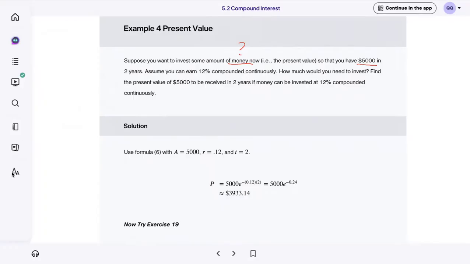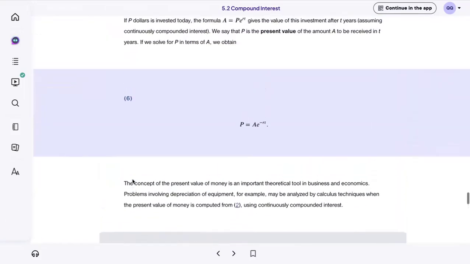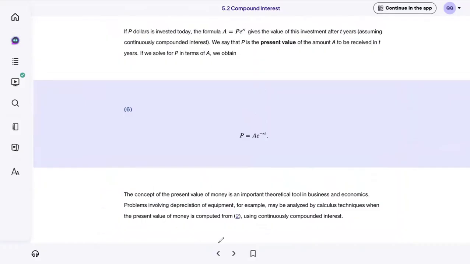All right, let's go back. Now I understand why this textbook called this. Let's study this formula. This is the present value. This is the future value. Let's multiply e raised to RT, positive, on both sides.